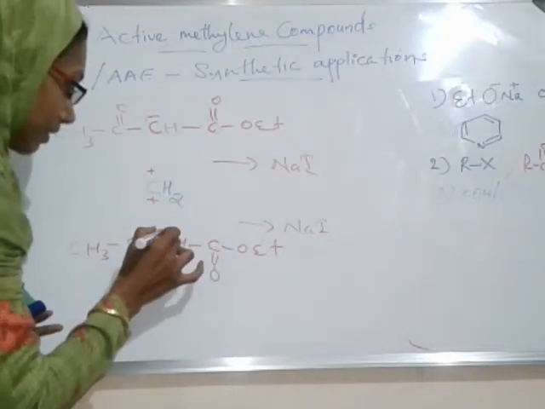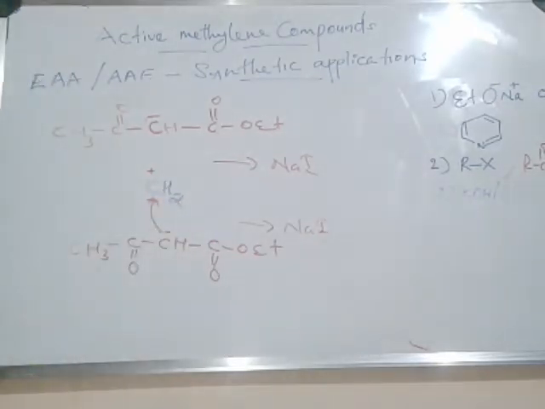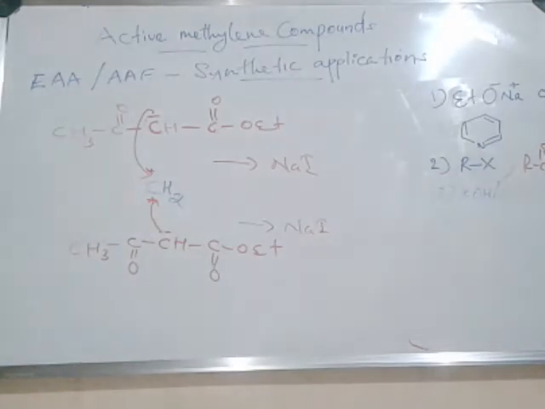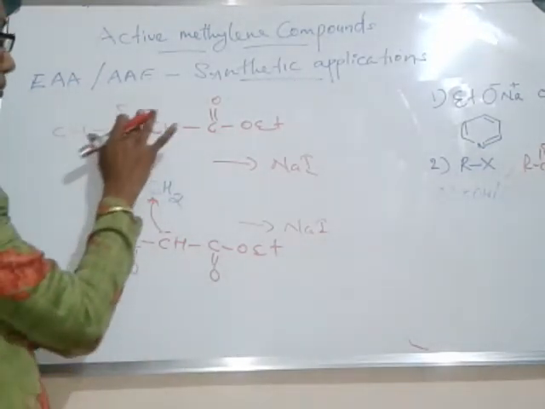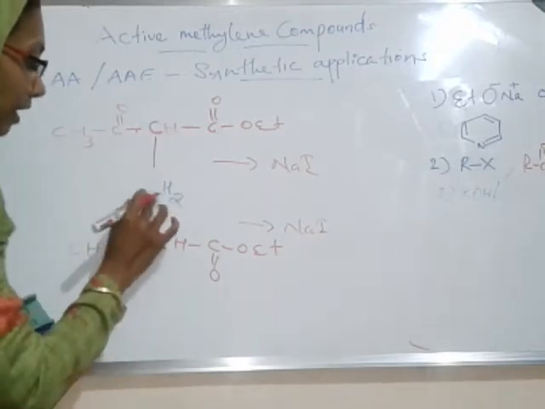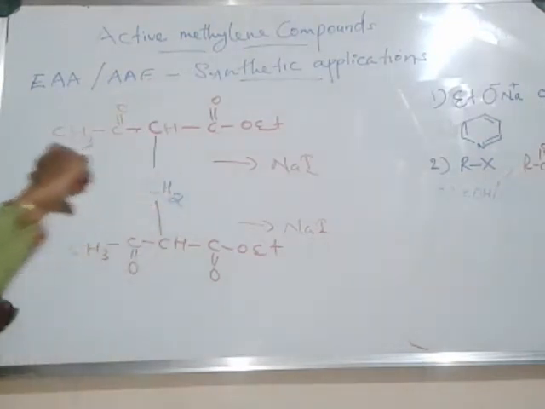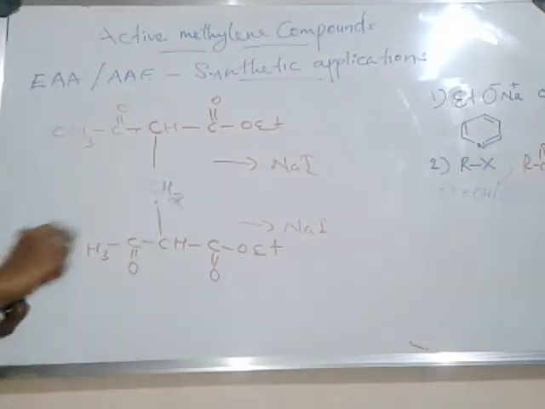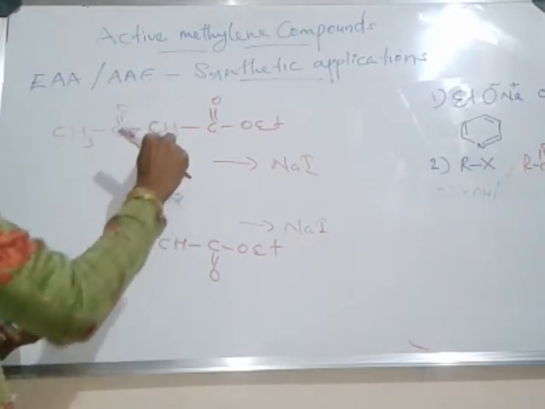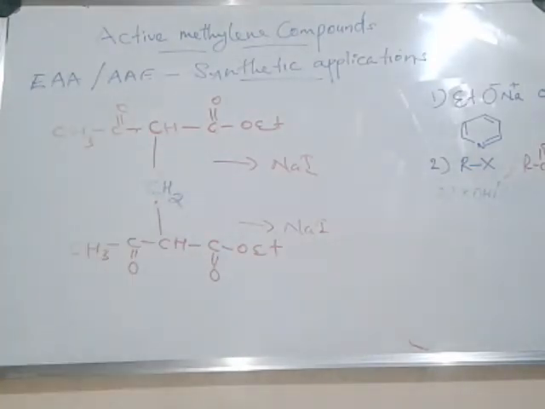So the negative charge forms a bond with this vacant orbital, and likewise the other, and we form a link between the methylene carbons of the two molecules. That is, we can introduce a bridge of CH2 between the methylene carbons of the two ethyl acetoacetate molecules.